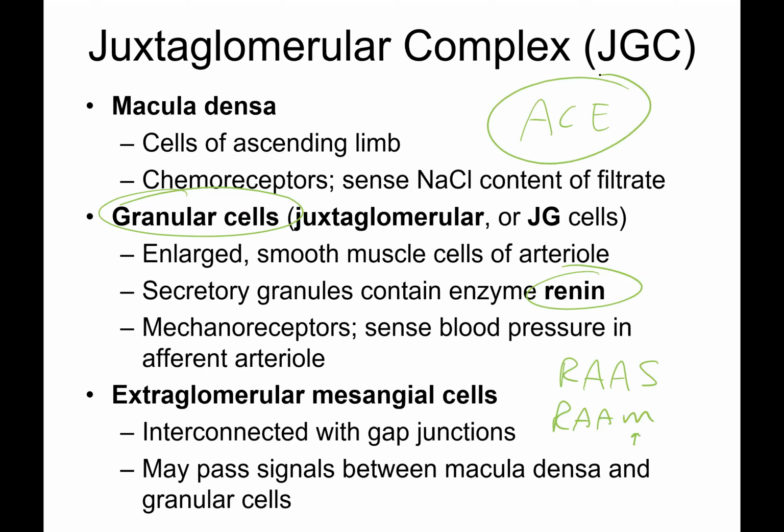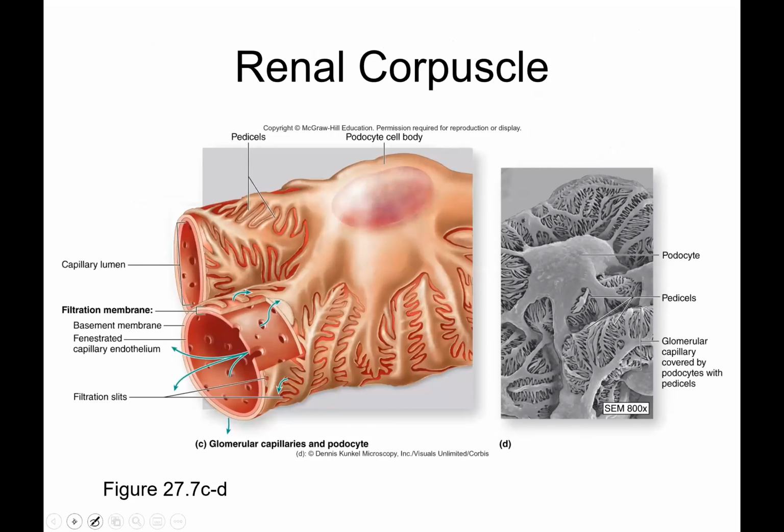The granular cells release the renin, and your RAAS system is designed for blood pressure reasons. It's to help us regulate the blood pressure.